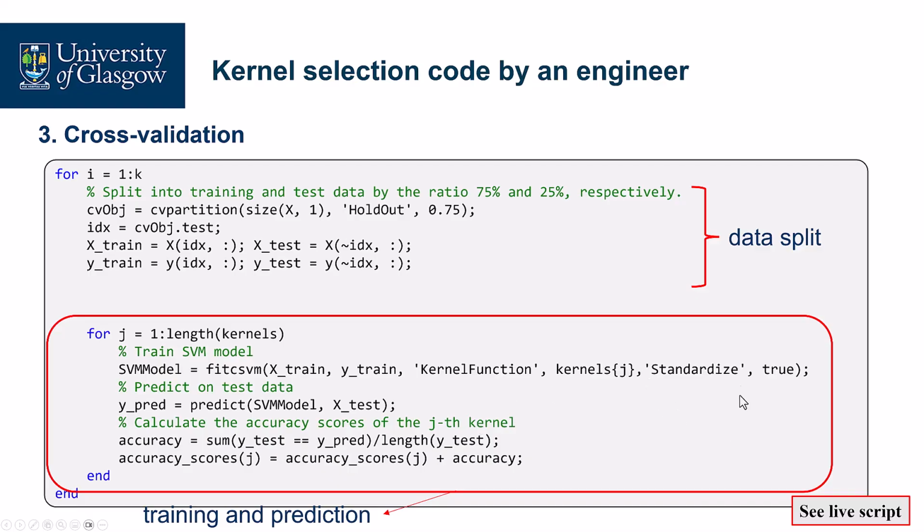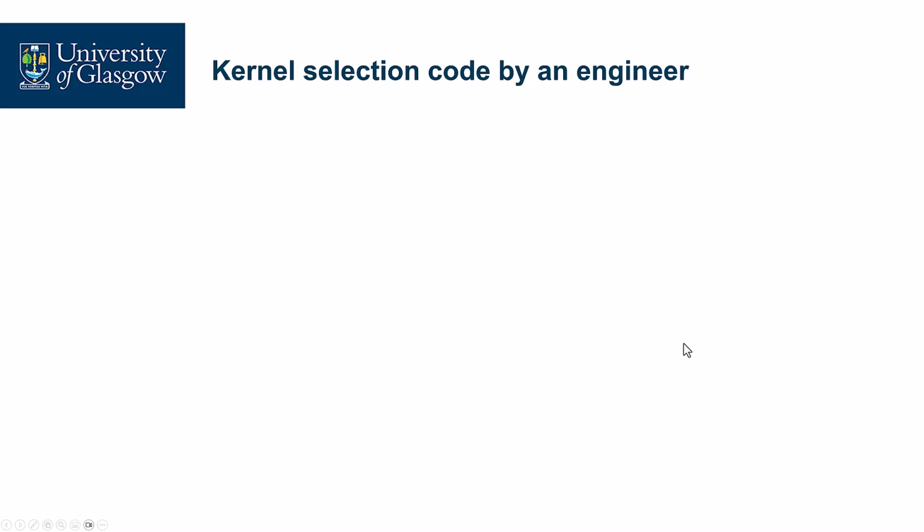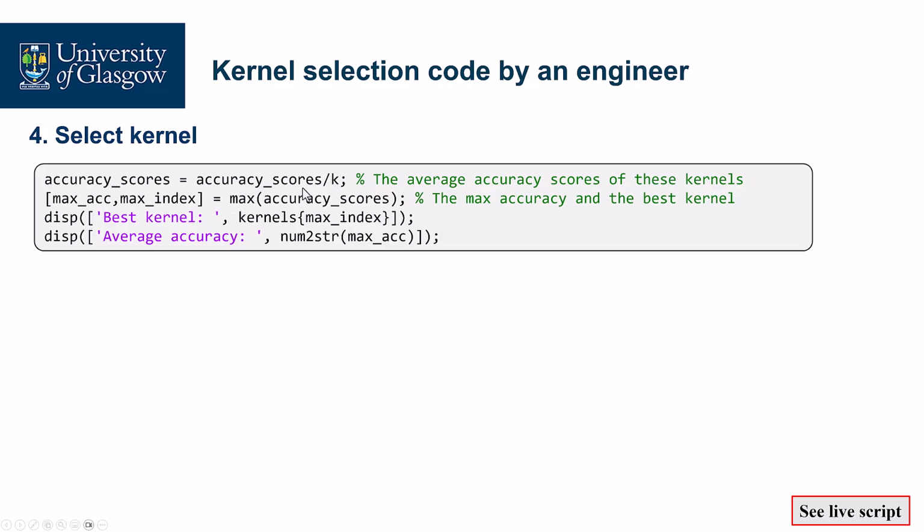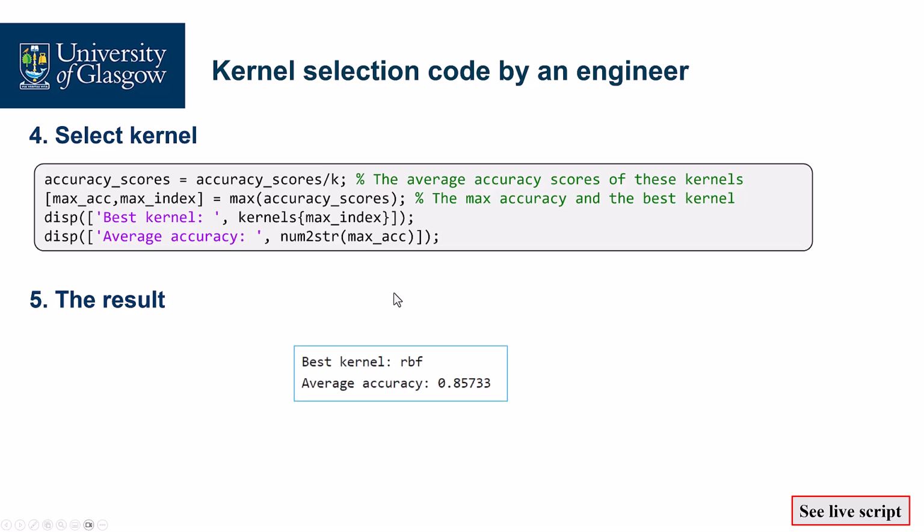You can also try this program yourself. Then we will select a kernel based on the highest accuracy. After running this program, we get the result. The best kernel is RBF, and the average accuracy is 85.7. This is the result, and you can try it yourself.